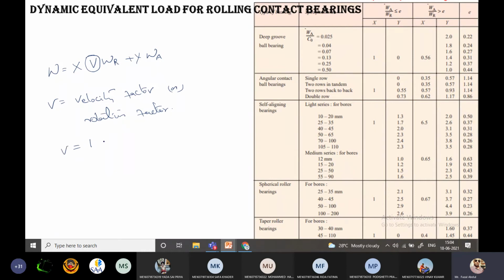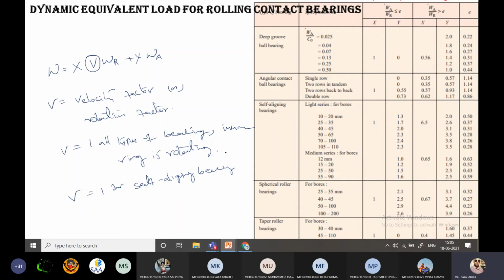The V value we have to select is 1 for all types of bearings with inner ring rotating, and V equal to 1 again for self-aligning bearings when the inner ring is stationary.